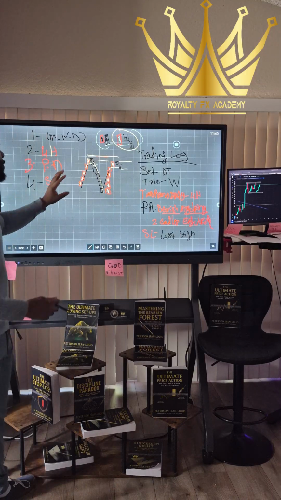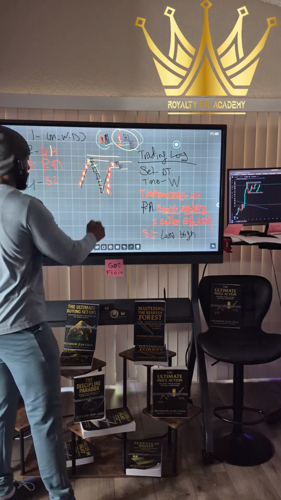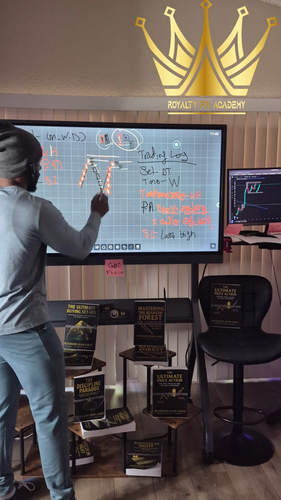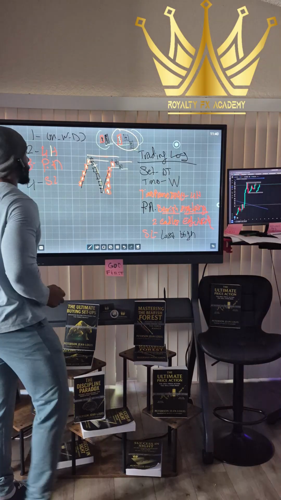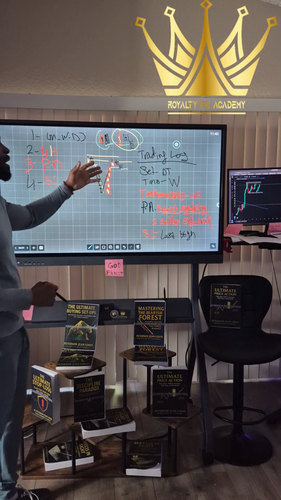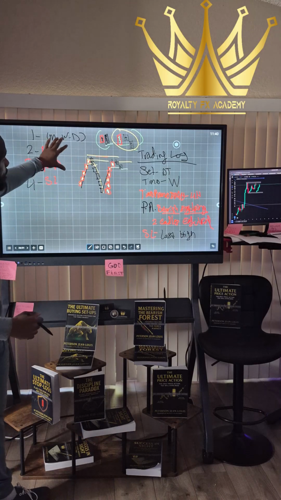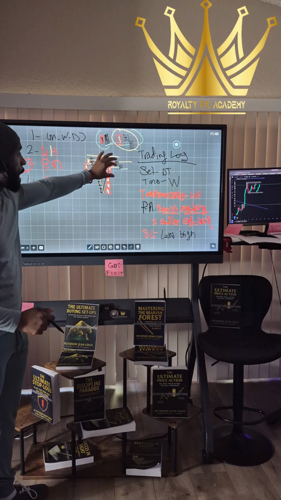Now, due to the fact that we have a double top, let's go ahead and create some wicks for that. Put something like so. Boom, boom, boom. For us to place a proper stop loss, we have to look at the previous high. Since we don't have anything back there, we have to look at which high is higher.